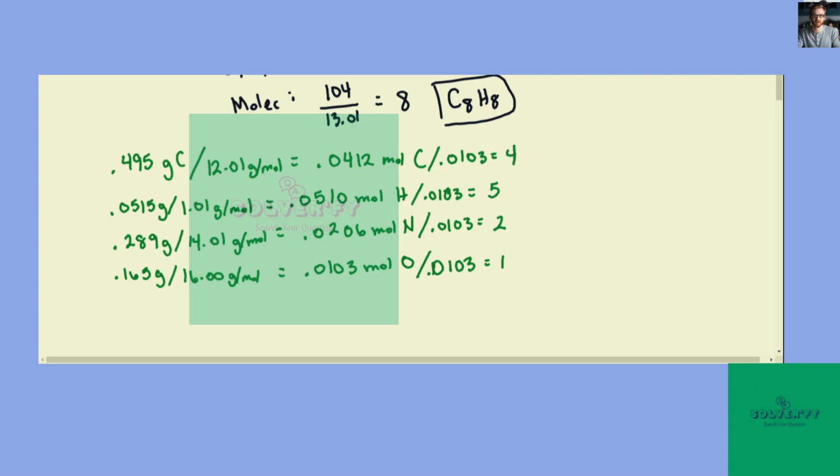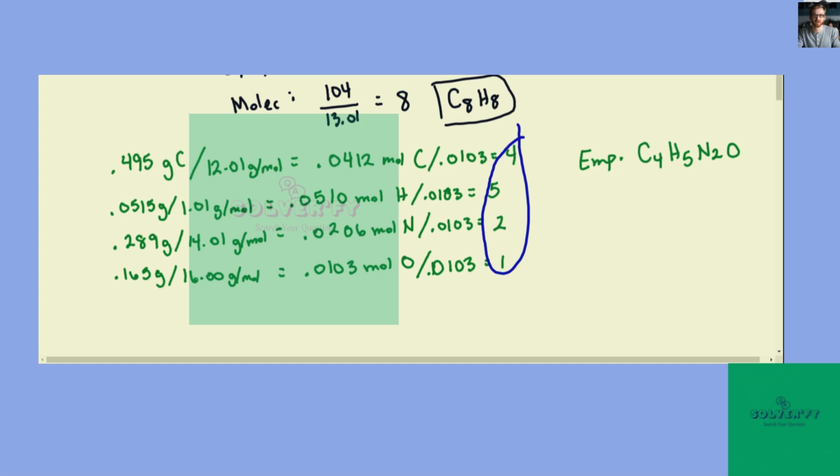So I rounded them all to the whole number. This gives me an empirical formula of C4H5N2O, because all of these numbers become my subscripts. Okay.